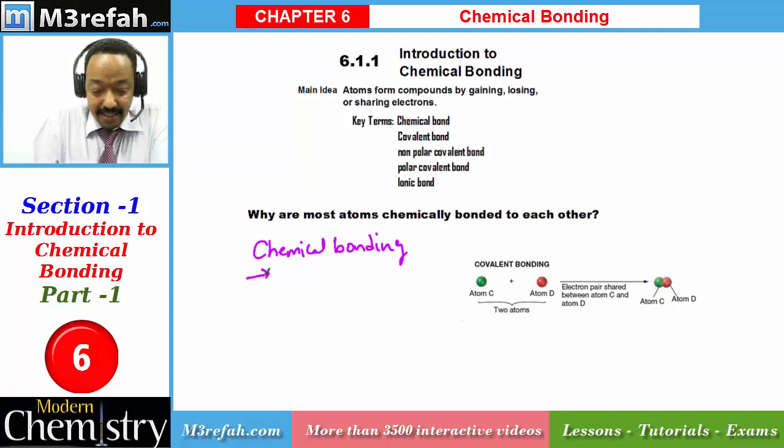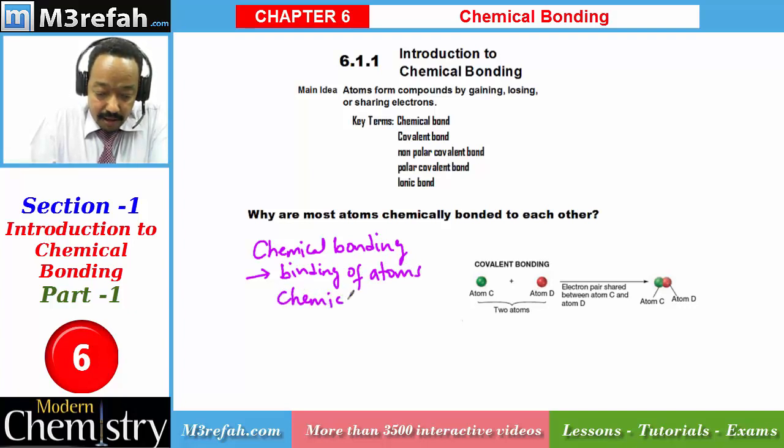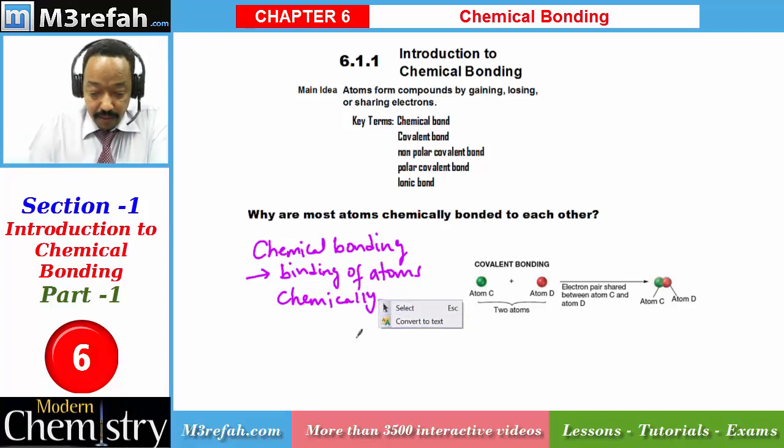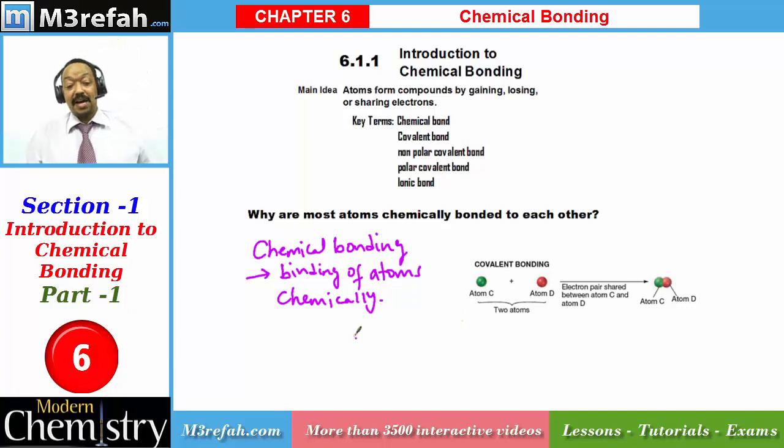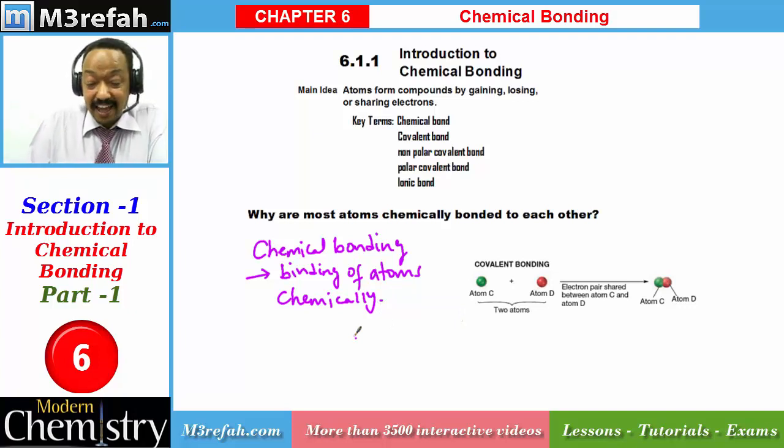This indicates binding of atoms chemically. Why do they bind chemically? The reason for binding is to lower their chemical potential energy.